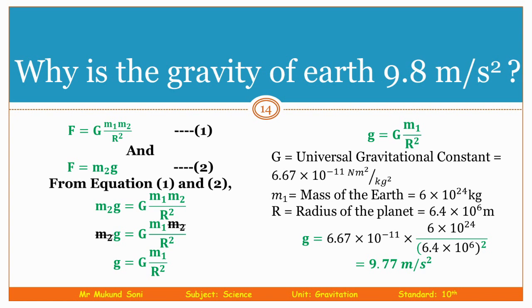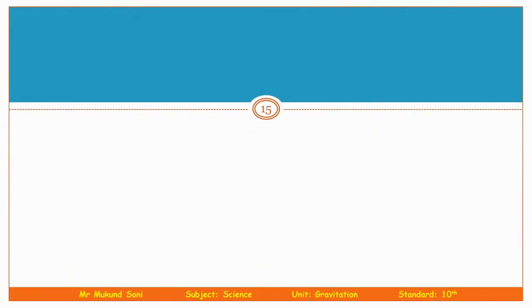You can approximate it as 9.8, but I won't suggest you do so. Having an accurate value is a good thing. But then why isn't it matching 9.8? Why is there a variation? Let's check out the answer.